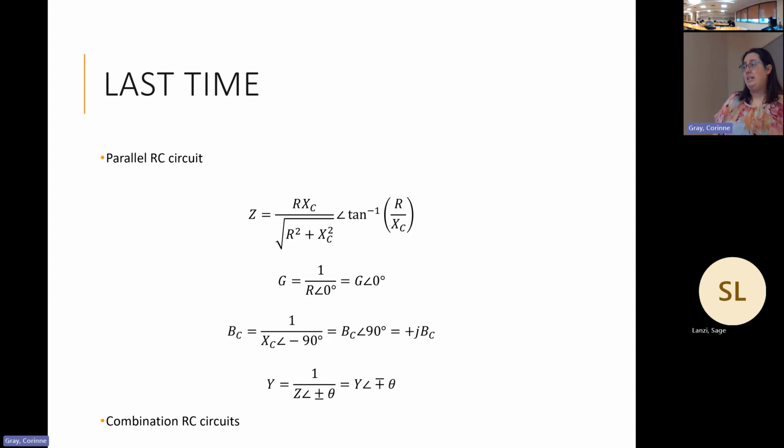You'll see that again on Thursday, but this time for the RL circuit. We'll be hitting a lot of the same topics this week as last week, but these are now all going to be the inductor versions of the circuits, so the equations will look different. But any questions from last time?